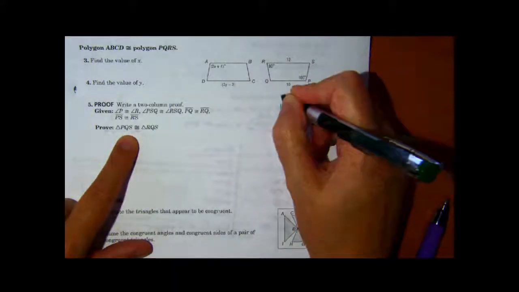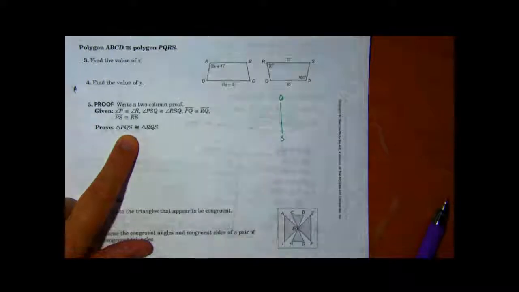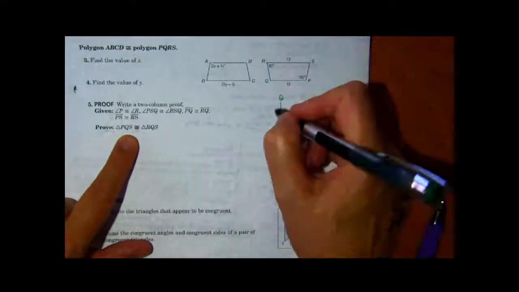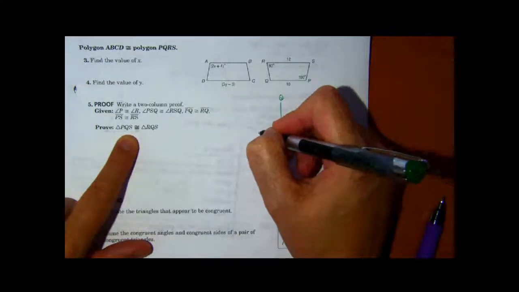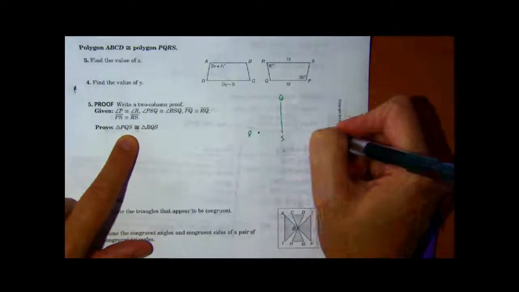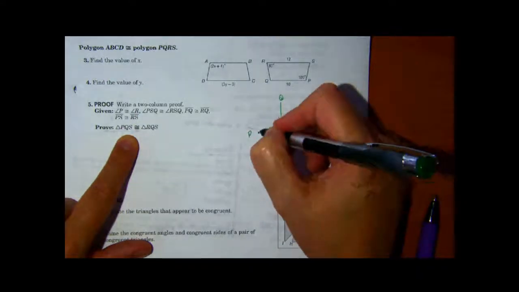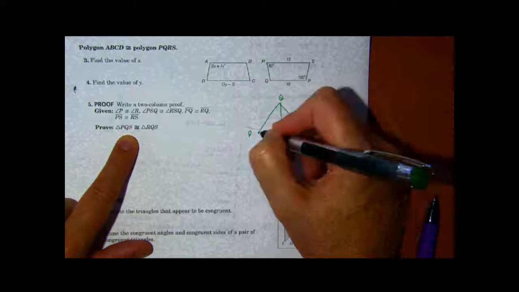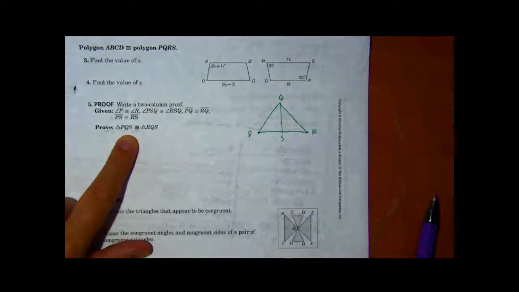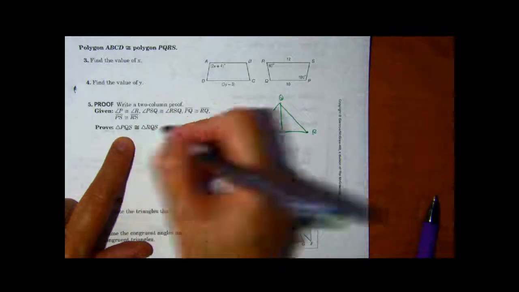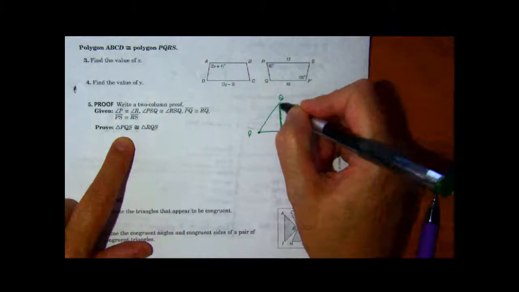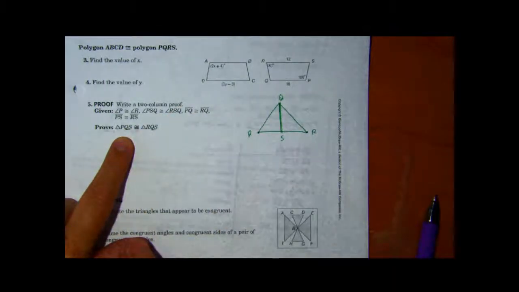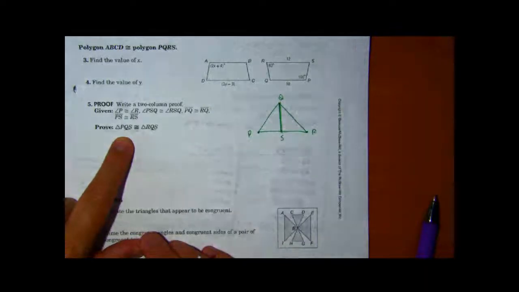So I've got some side Q and S. And then I've got some point P and some point R. That's how I knew how to draw that picture, because these two things were the same in both, so that told me they're sharing that side. And maybe it doesn't look exactly like this, but it'll look something like that.